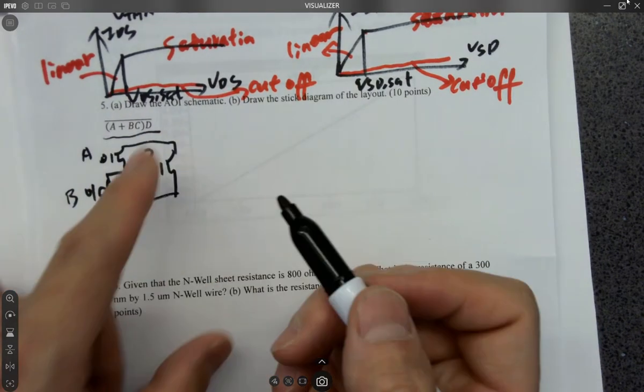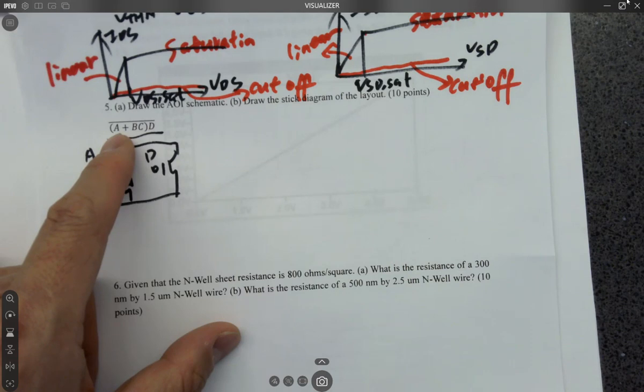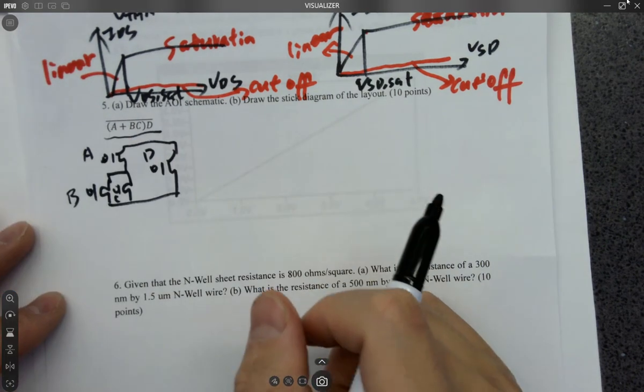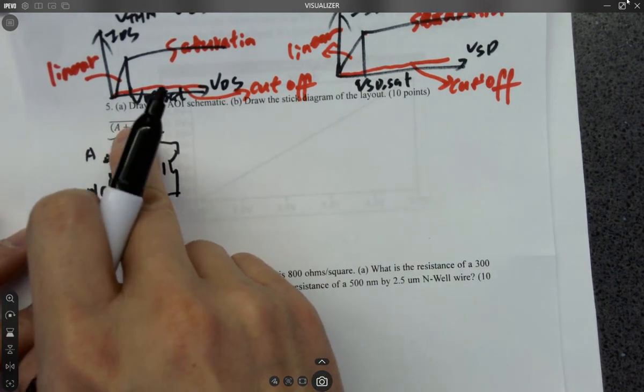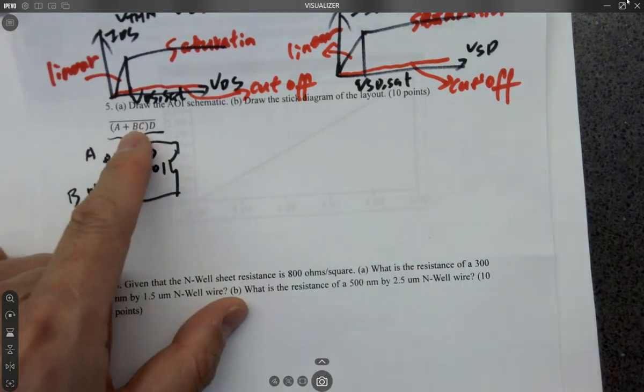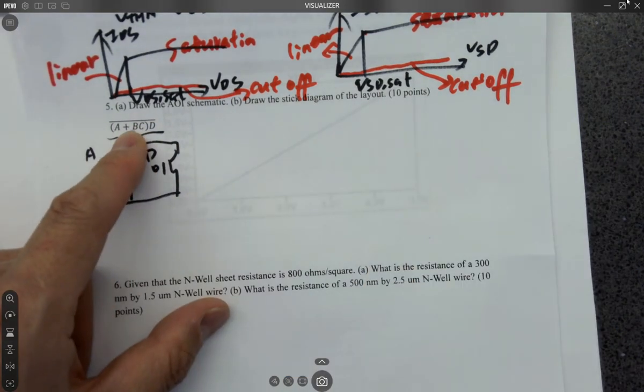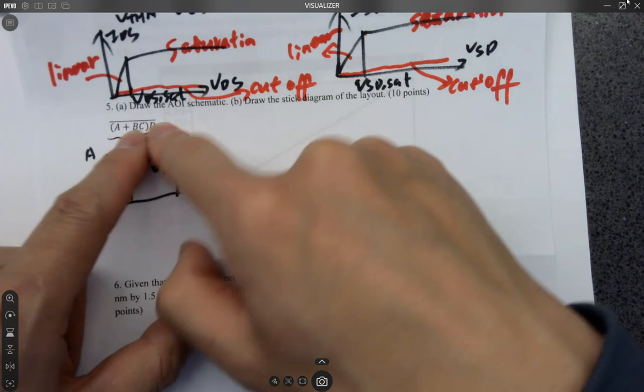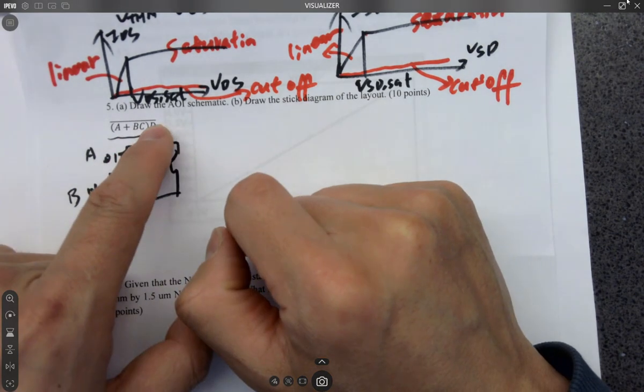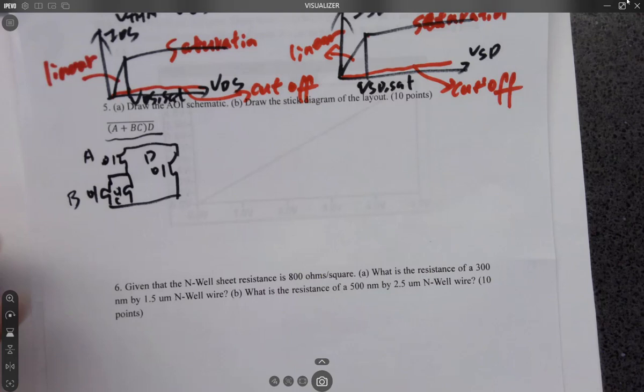For the NMOSes, always think about the NOR gate structure. NOR gate structure has PMOS in series on the top and NMOS in parallel at the bottom. So in that case, these two are in parallel, right? Also think about the NAND gate structure of the NMOS, and for the NAND logic, they are in series. But usually, remember, based on our experience, we want the single transistor on the top.